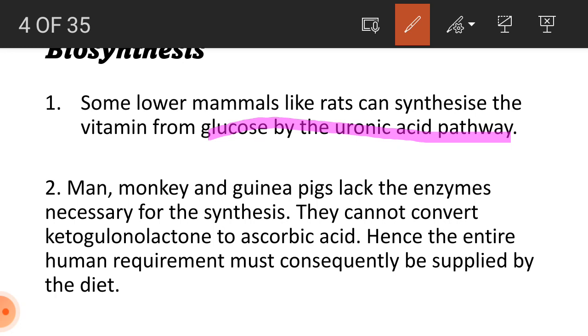Man, monkey and guinea pigs lack the enzymes necessary for the synthesis of vitamin C. They cannot convert gulonolactone to ascorbic acid. Hence, the entire human requirement must consequently be supplied by the diet. So, we need vitamin C to be supplied to us through our diet. We cannot synthesize this vitamin C.